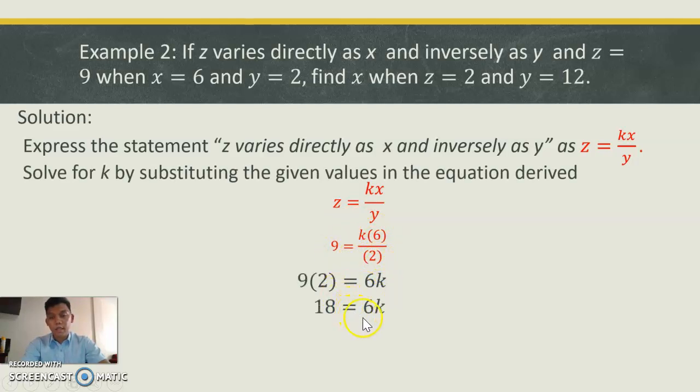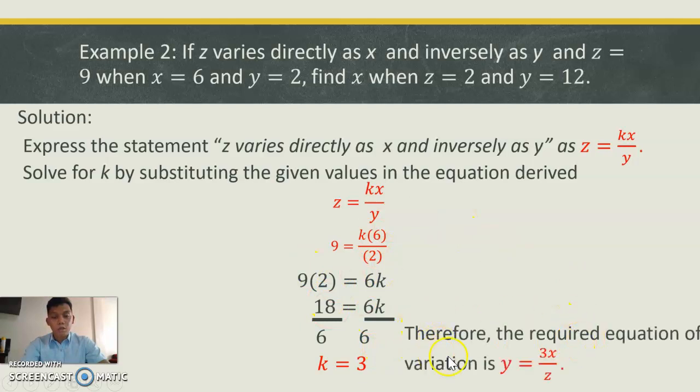This is 9 times 2, which is 18, and then divide both sides by 6, which gives us a k of 3. Therefore the equation will be y equal to 3x over z. Actually, this is not y. There's an error here. It's z is equal to 3x over y.